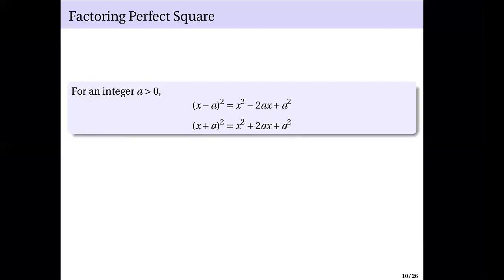So the problem for us now is we reverse it. From this right-hand side, how do we get the left-hand side? Okay? So we will see how we're going to do that. And these are the examples that we're going to work on.